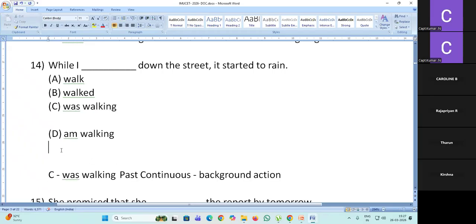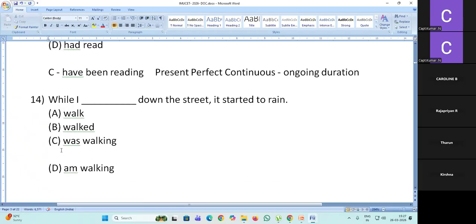See here, while I dash down the street, it started to rain. Here also there is one tense marker. That word is while. Can you tell when do we use while?